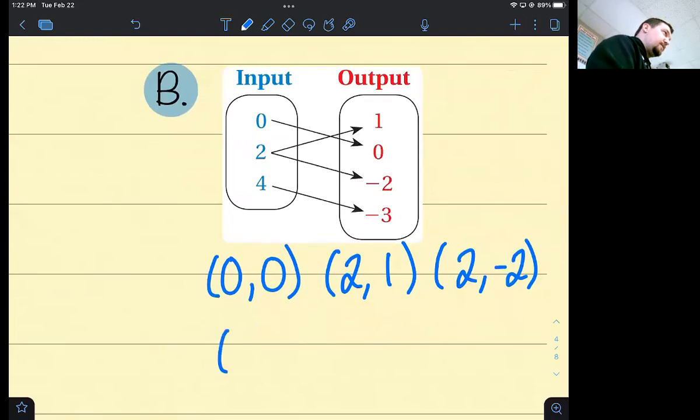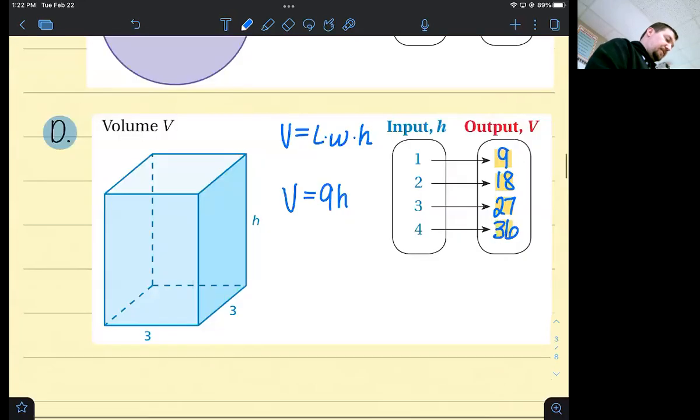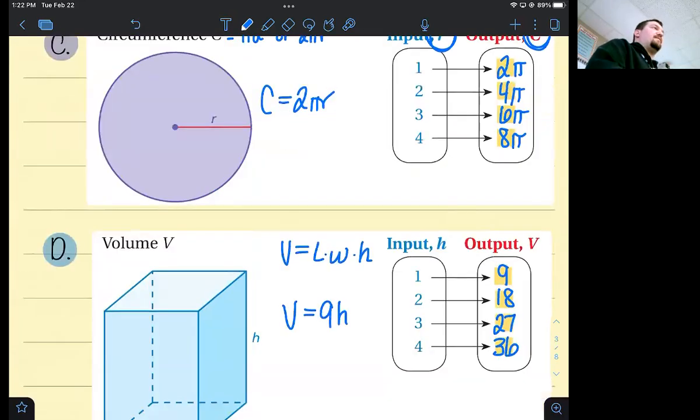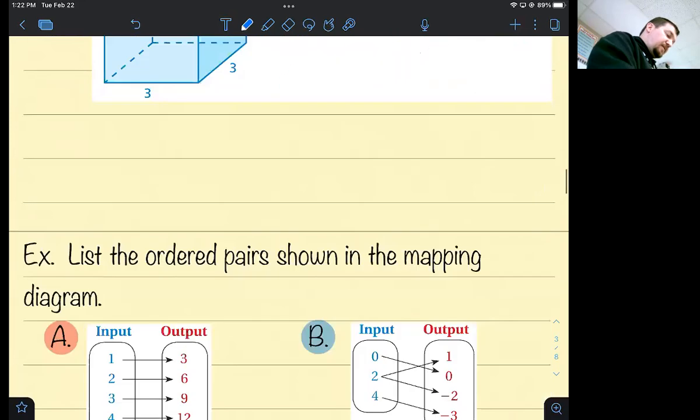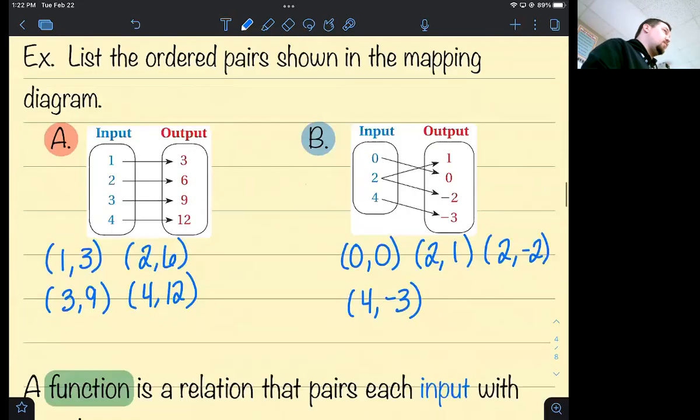What about when x is 4? Shane? -3. Okay, so now we've practiced using the mapping diagrams with these shapes here, like how we'd fill in the missing values of a mapping diagram. Now we've talked about how to write the ordered pairs from a mapping diagram.